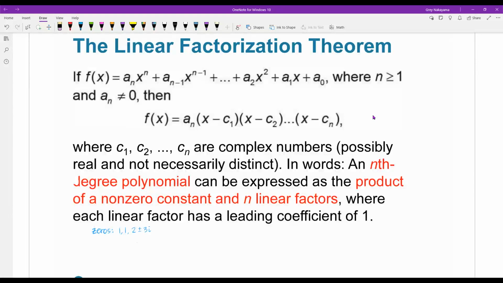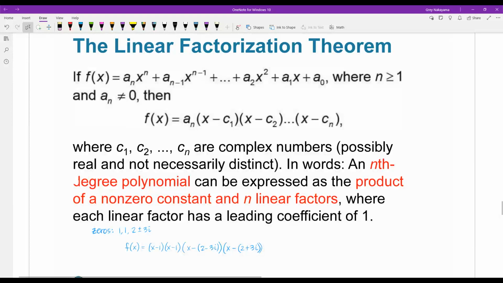That means I could say that the polynomial is x minus 1, x minus 1, and then x minus 2 plus 3i, and x minus 2 minus 3i. The order of those doesn't really matter. But we don't get to leave it like this. We actually have to multiply it out and make it look like this guy right here.